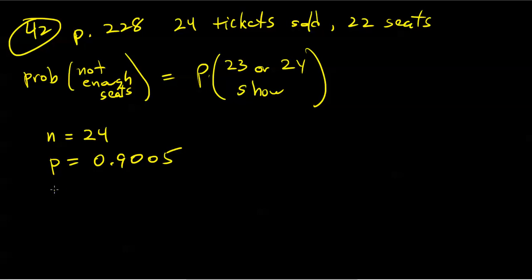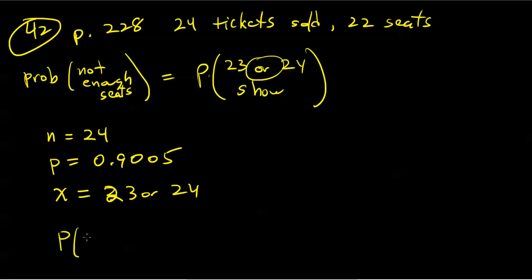Alright, so X is then going to be, well, we're worried about 23 or 24. So basically we have to grind out this binomial probability command for two different values of X. Right? I'll write it out like this.